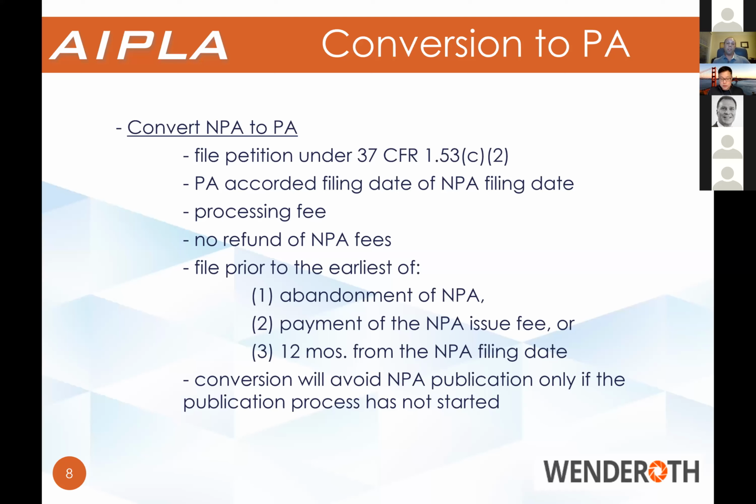A non-provisional application is published after 18 months from filing. So if the applicant decides they actually don't want their invention published after filing a non-provisional application, they might decide, oh, well, I better convert my non-provisional to a provisional, and that way it won't be published.